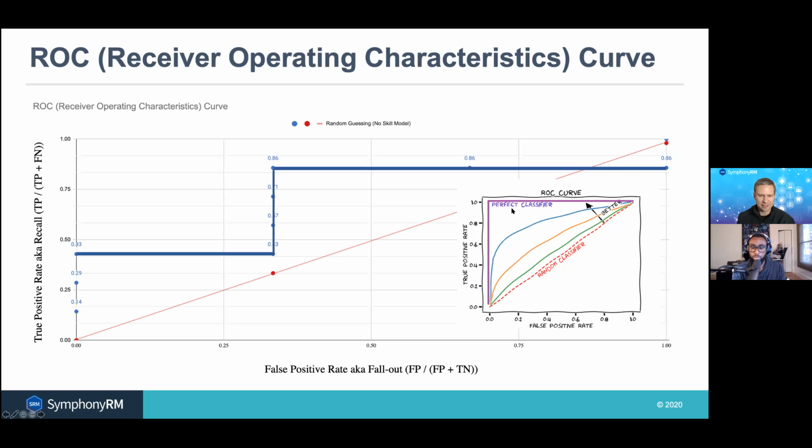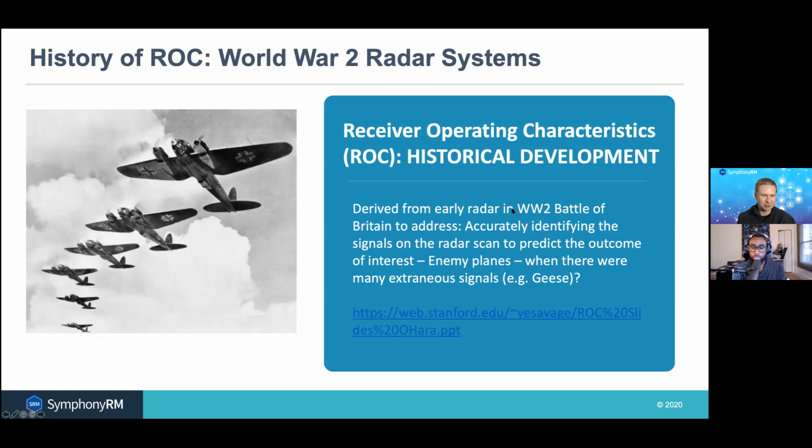With that, let me jump out as an aside and tell you a little bit about the history. This came out of an effort in World War II to develop radar, especially around detection for bombers coming into Britain. You could imagine that there would be false positives in these early radar systems.